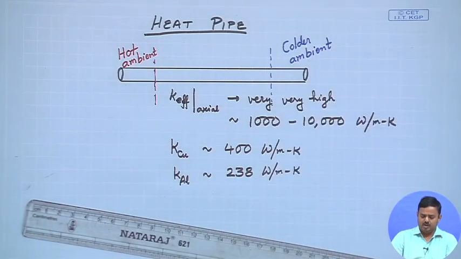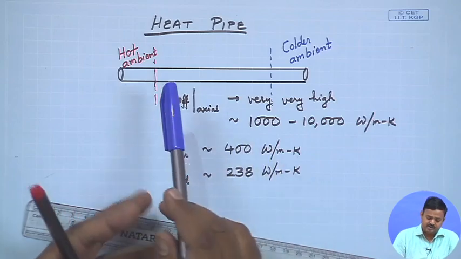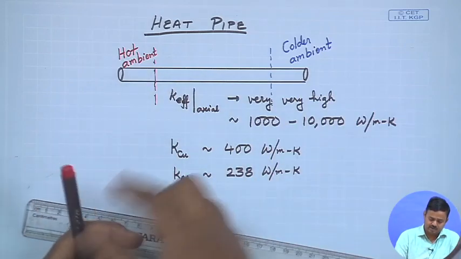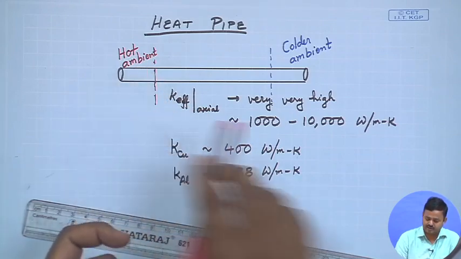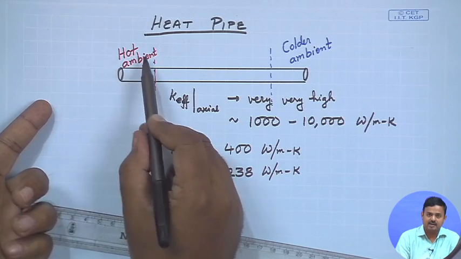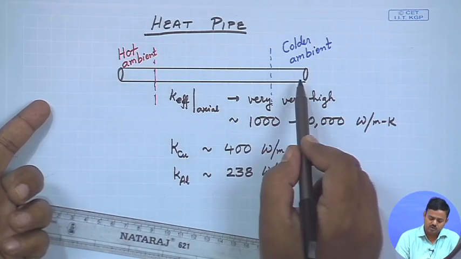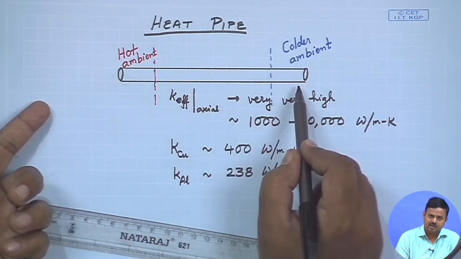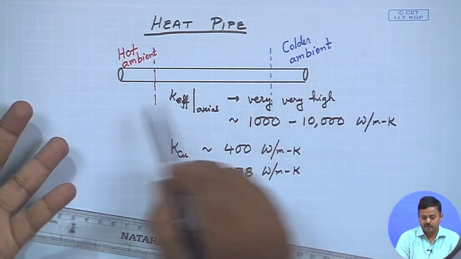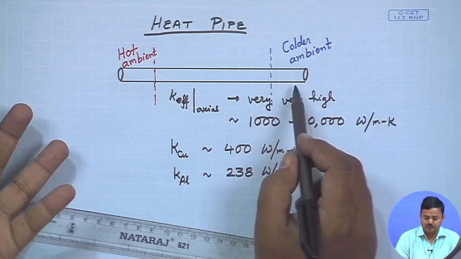And what I want to do is transfer some of the thermal energy that is present at the hot ambient to the other end, where it is cold and we want to heat it up, or we want to utilize the thermal energy at this point.